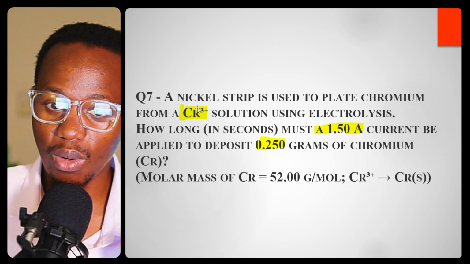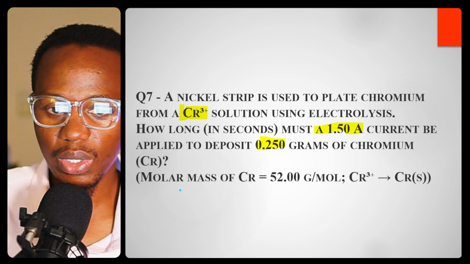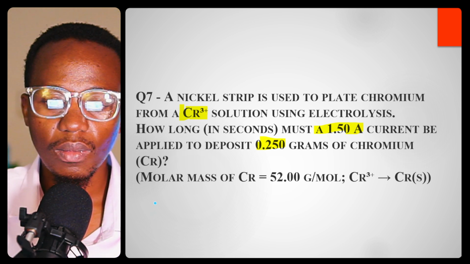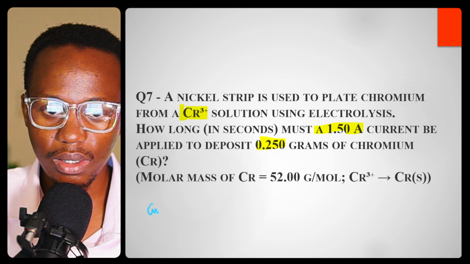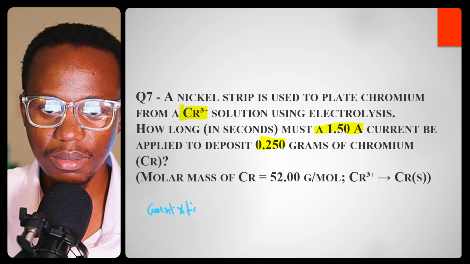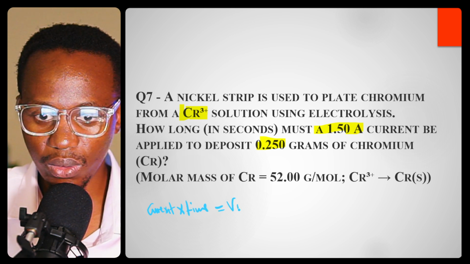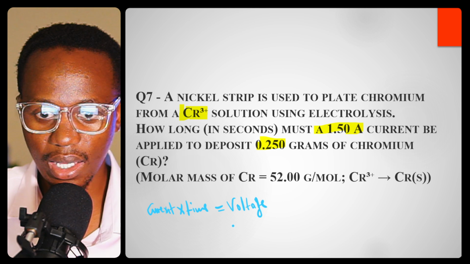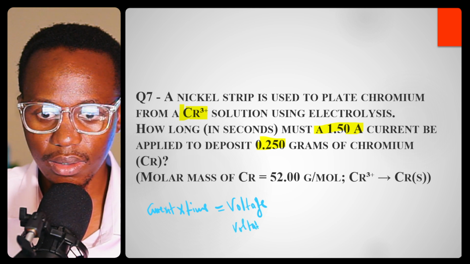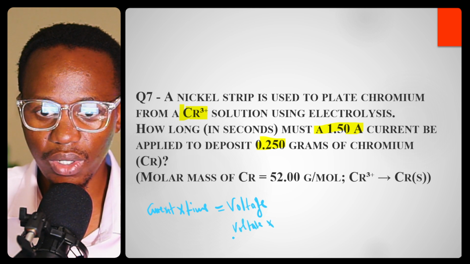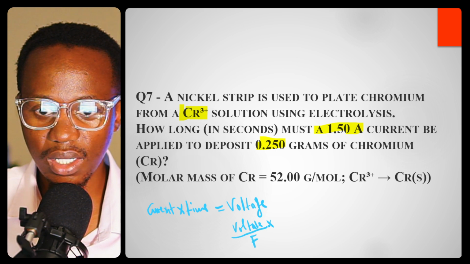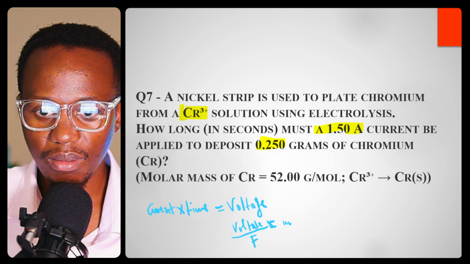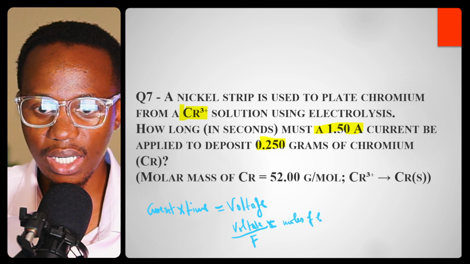You are doing it with chromium, but if you remember, we go from current times time equals charge, and then charge over the Faraday constant is equal to moles of electrons.